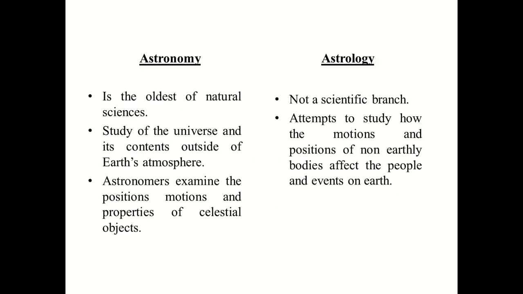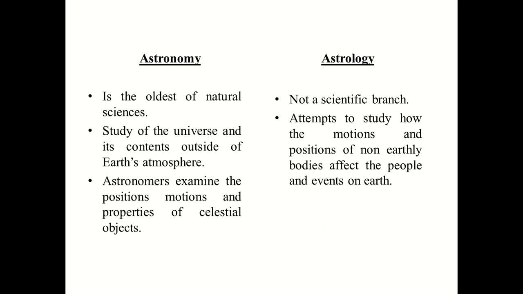So now let's see some comparison, or the difference, between astronomy and astrology. I told you that astronomy is a branch of science. It is actually the oldest branch of natural science, and astrology is not a scientific branch.